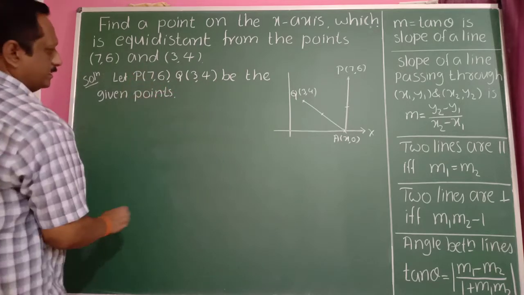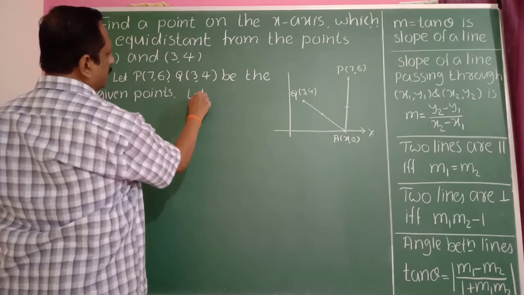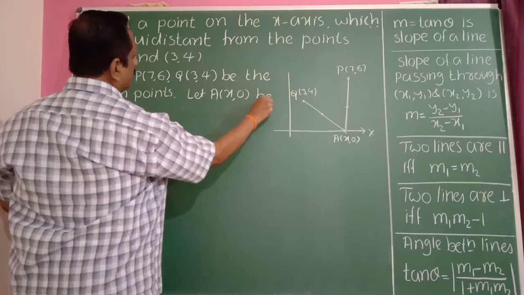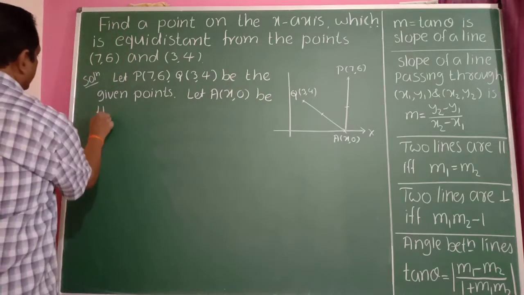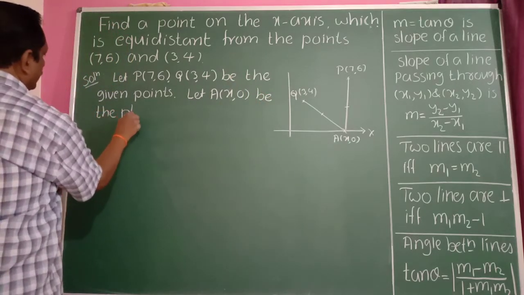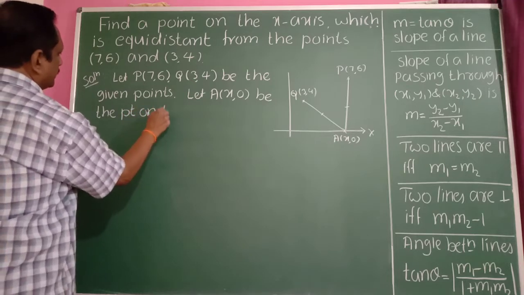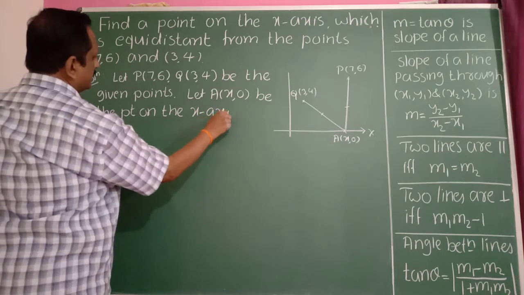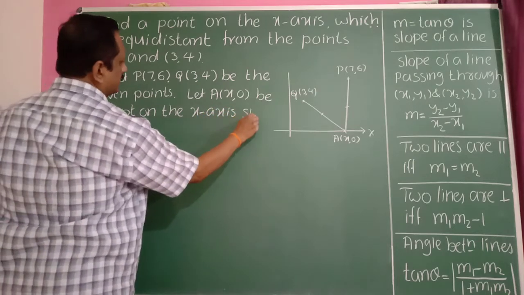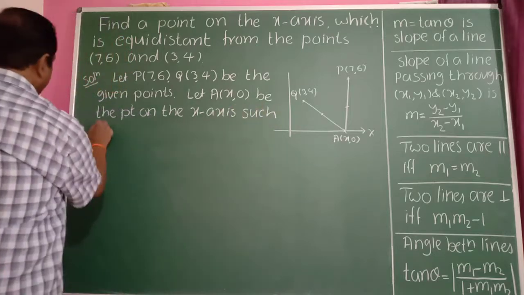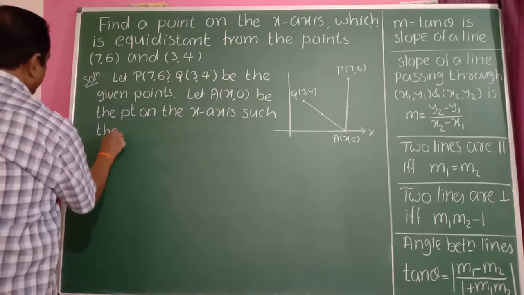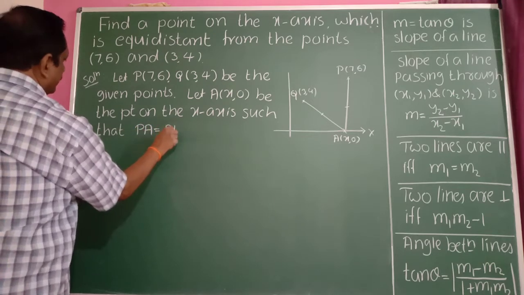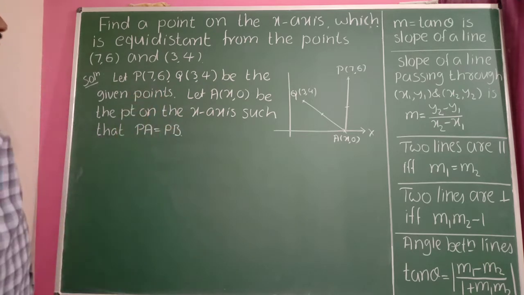Let A(x, 0) be the point on the x-axis such that PA is equal to QA.